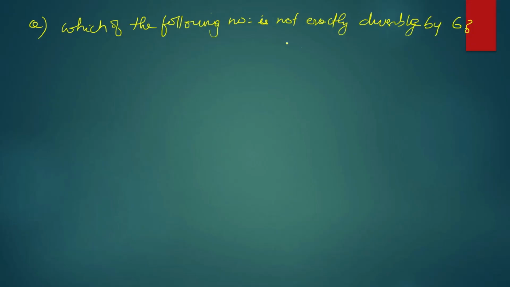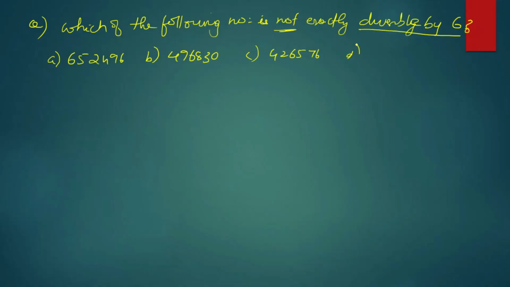Not exactly divisible by 6. I am giving the options: A 652496, B 496830, C 426576, and D 730453.